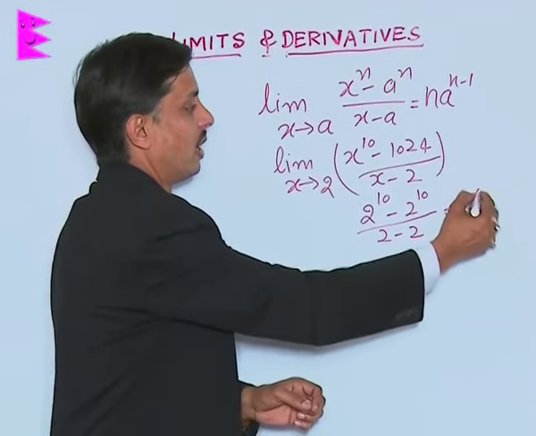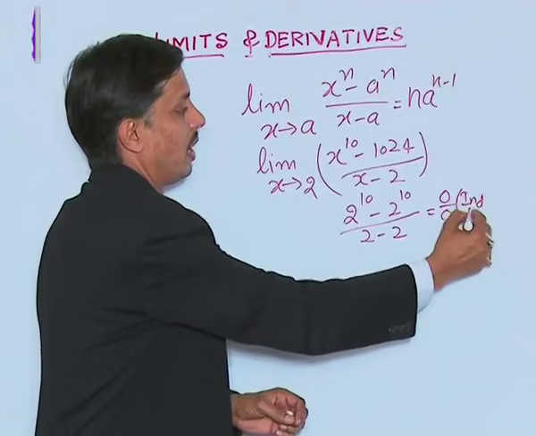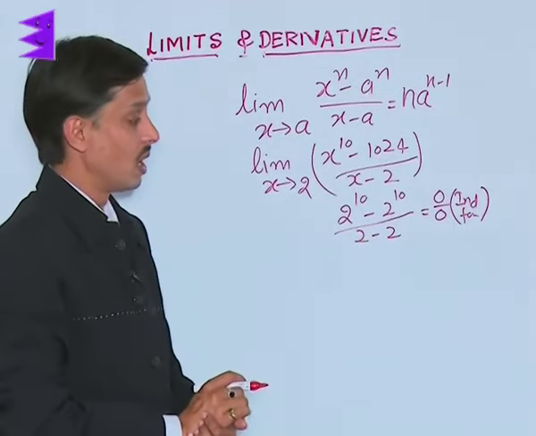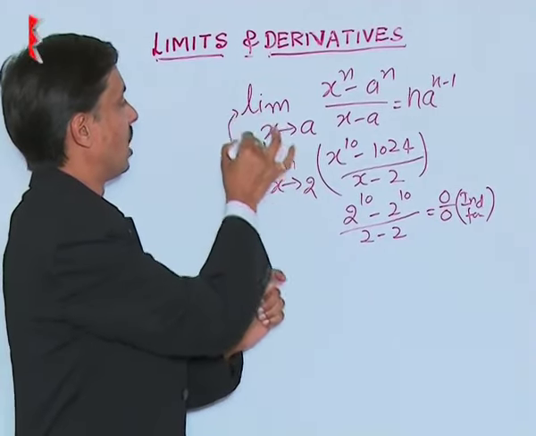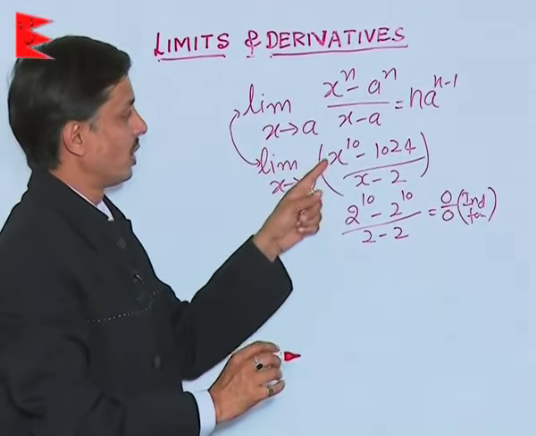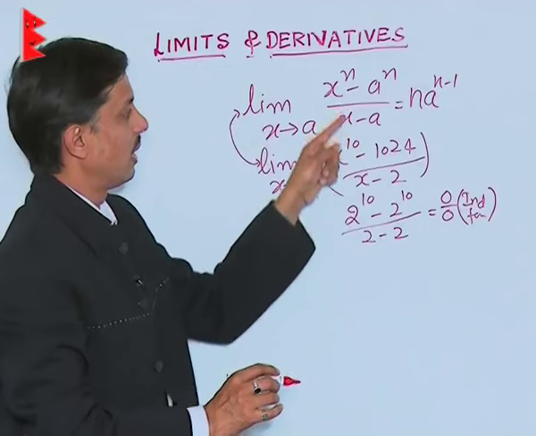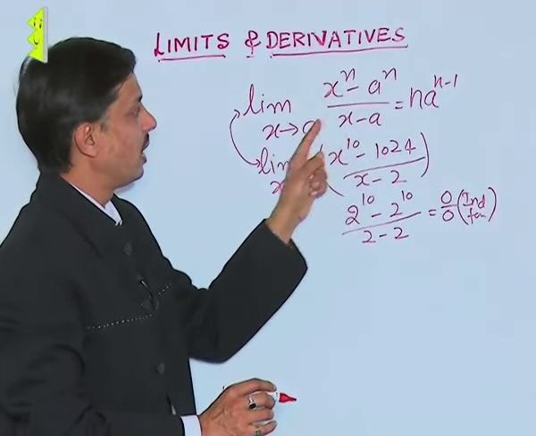This becomes an indeterminate form. Now if I check this question with this result, I am noticing x is x, n is 10 and a is 2.